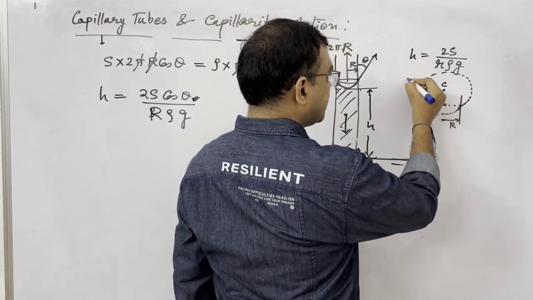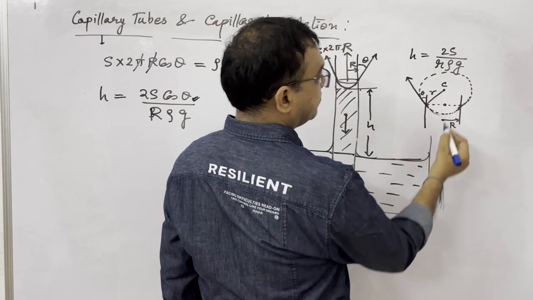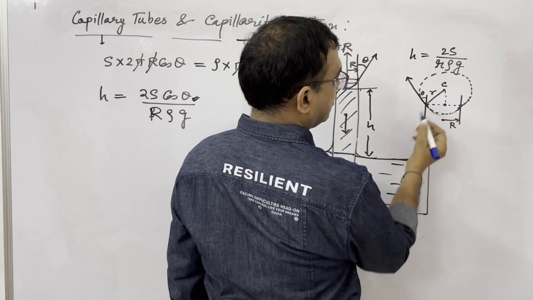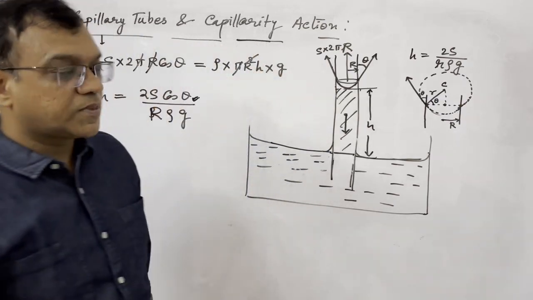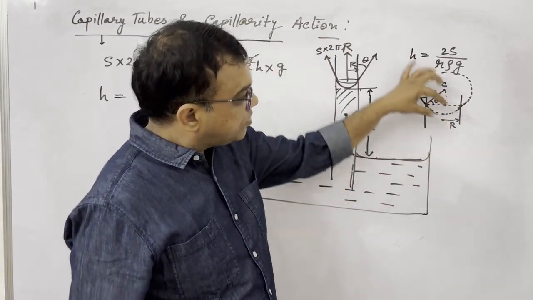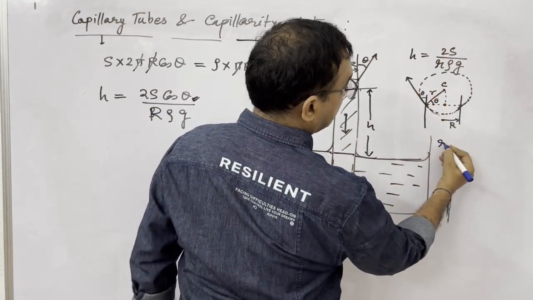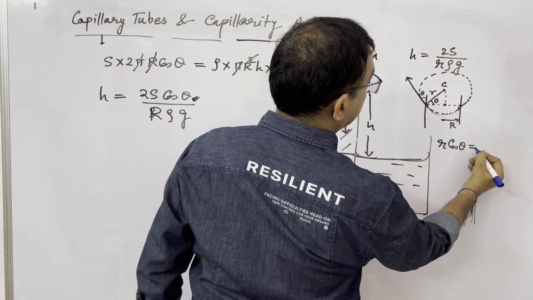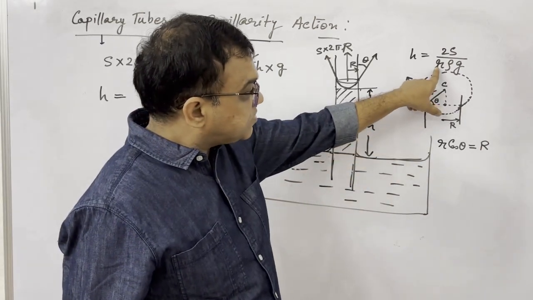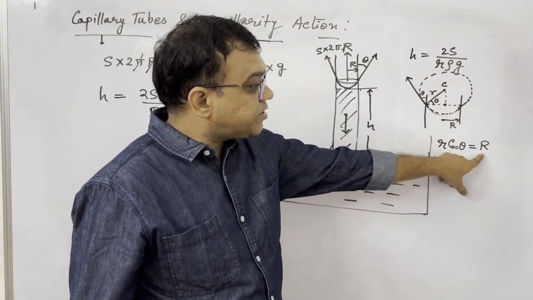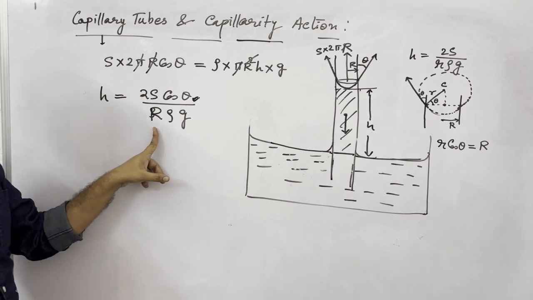Surface tension force is acting in this way. This angle is theta, contact angle. 90 minus theta. This angle is also theta. Radius of the tube, radius of the meniscus. So here we can have r cos theta is equal to R. So if here I substitute small r, it can be written as capital R upon cos theta, and I will get the same thing.